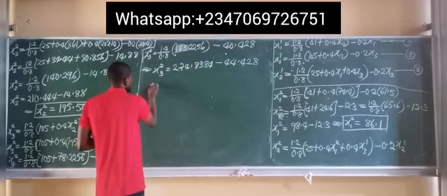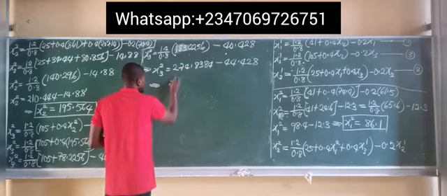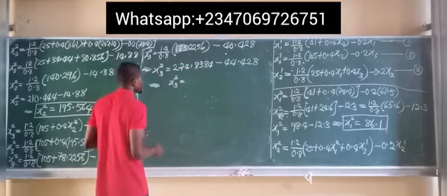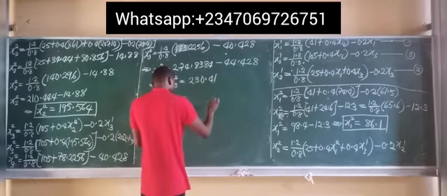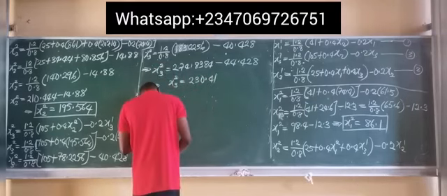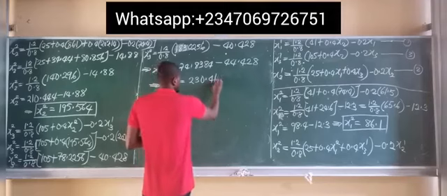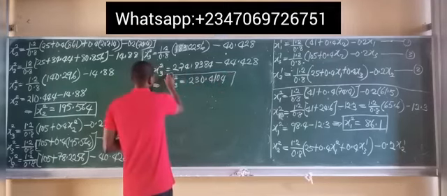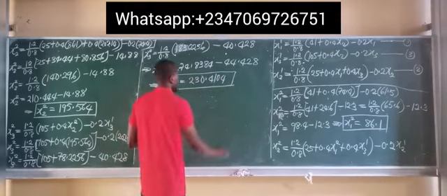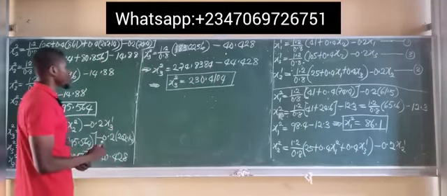So this simply implies that the second iteration for the third variable is now equal to 274.8384 minus 44.48428. That gives us 230.4104. So this becomes the second iteration for the third variable x3. All right, so we're done with the second iteration.